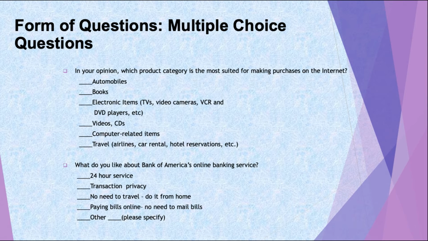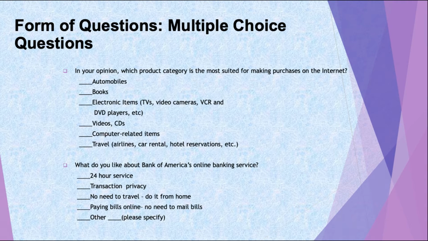Next, the multiple choice question. For example, you give a question with multiple choices: in your opinion, which product category is the most suited for making purchases on the internet? And you give them many choices like automobiles, books.